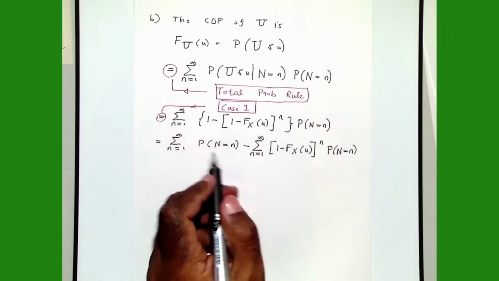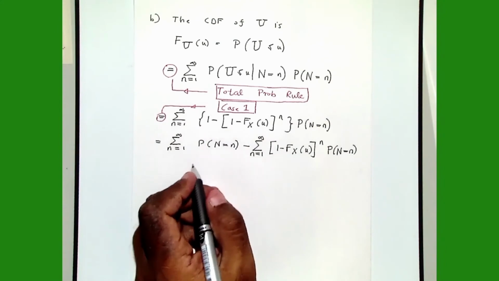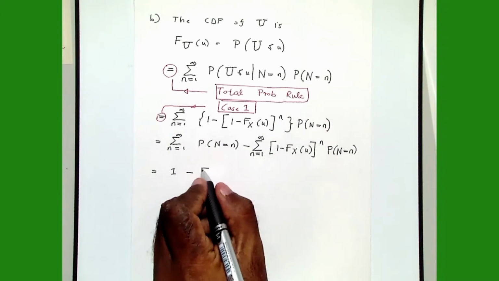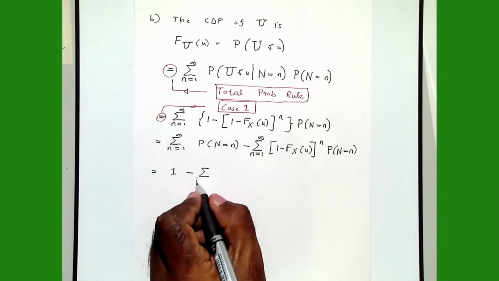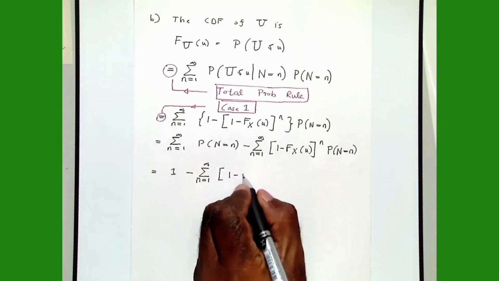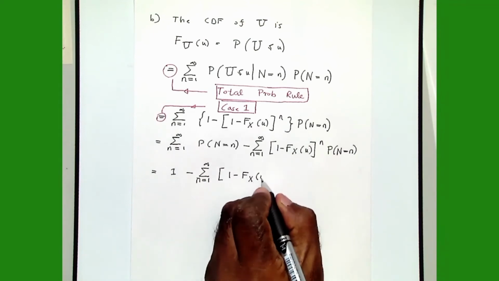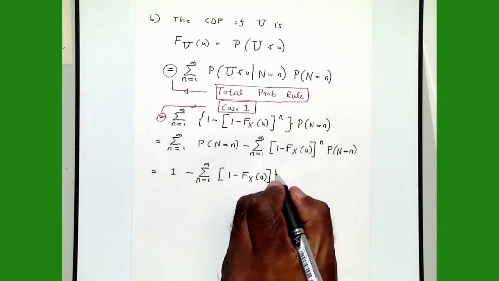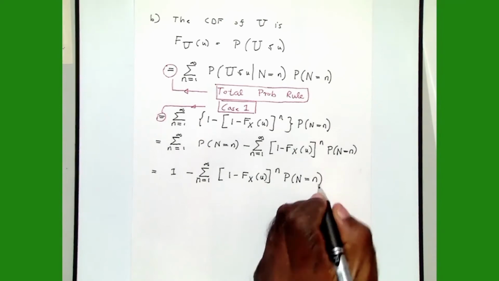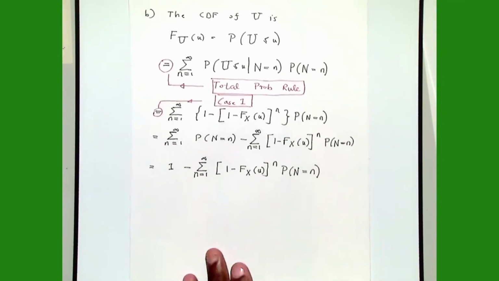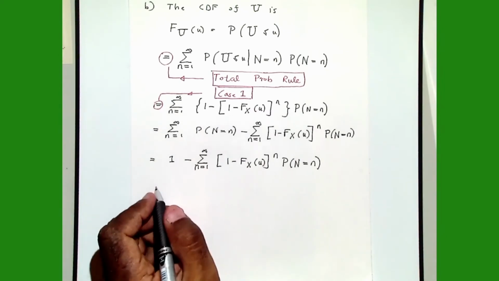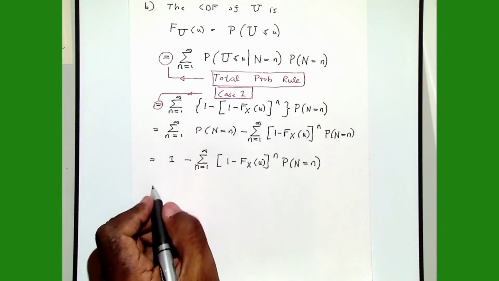Now the first sum is the sum of all the probabilities, therefore it must be 1. Okay, so this is simply 1 minus the sum from 1 to infinity. So this is the formula for the CDF of minimum portfolio loss under case 2.